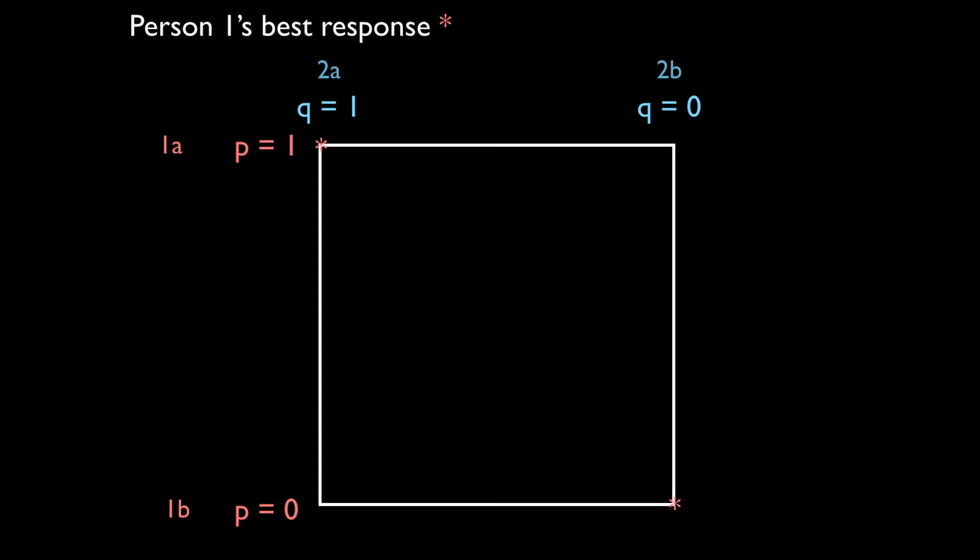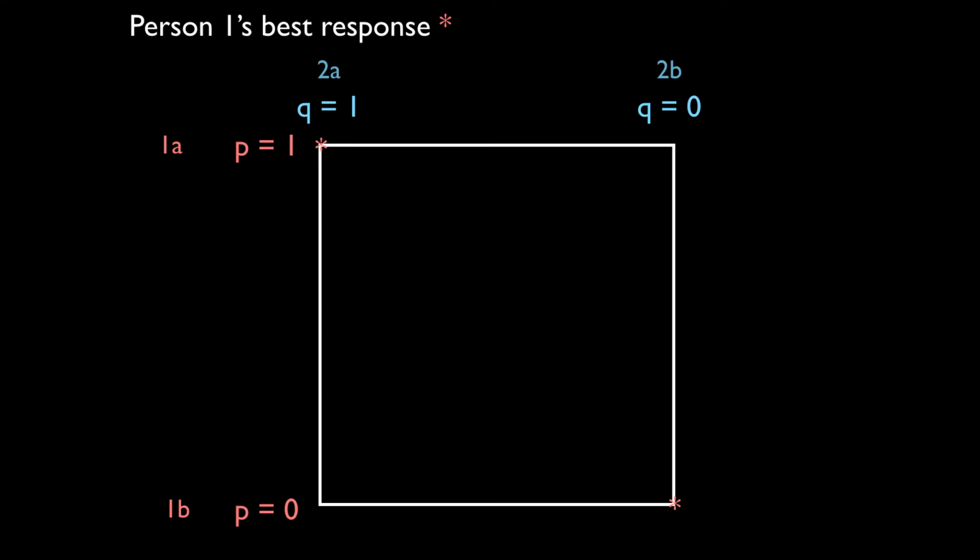Okay, what if Q equals 99.99? That is, person 2 is playing A almost all the time. What is 1 going to do? A, right? What if Q is 0.01? That is, person 2 is playing B almost all the time? B. So we have this whole little thing just like we did before. The interesting thing is, when does 1 switch over from this to this?